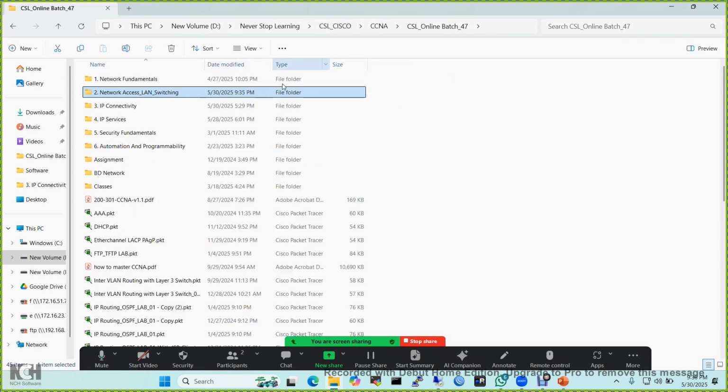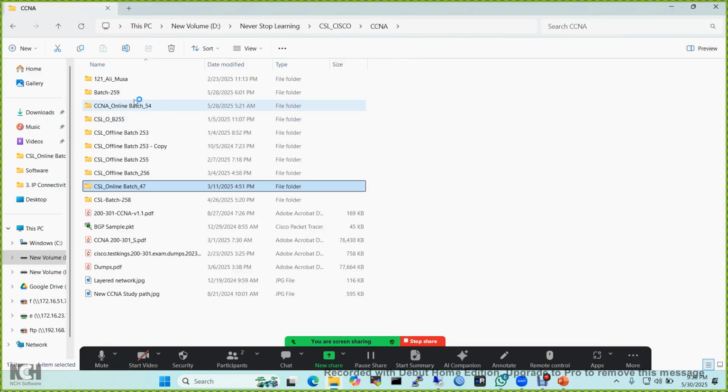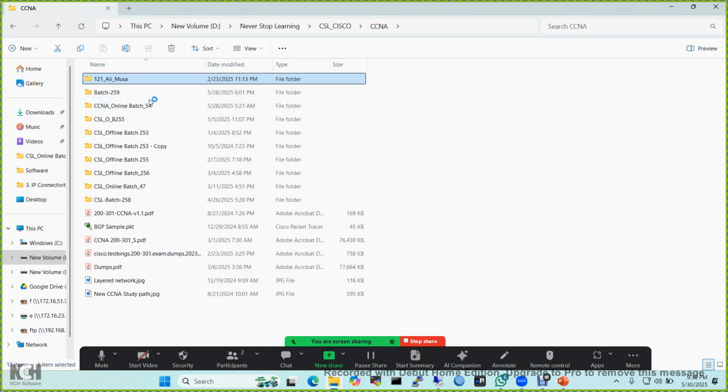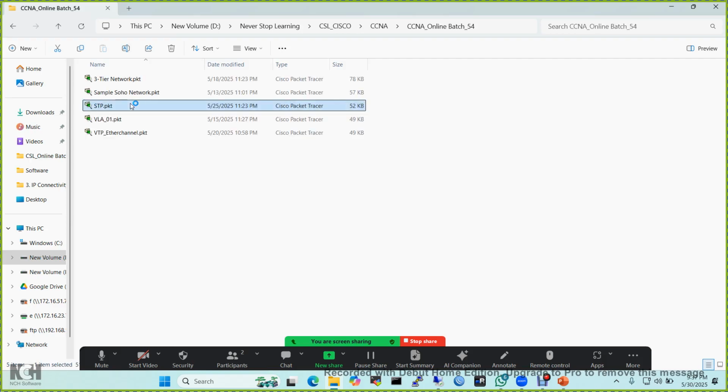We need the packet tracer for making it clear. I am opening a packet tracer file.